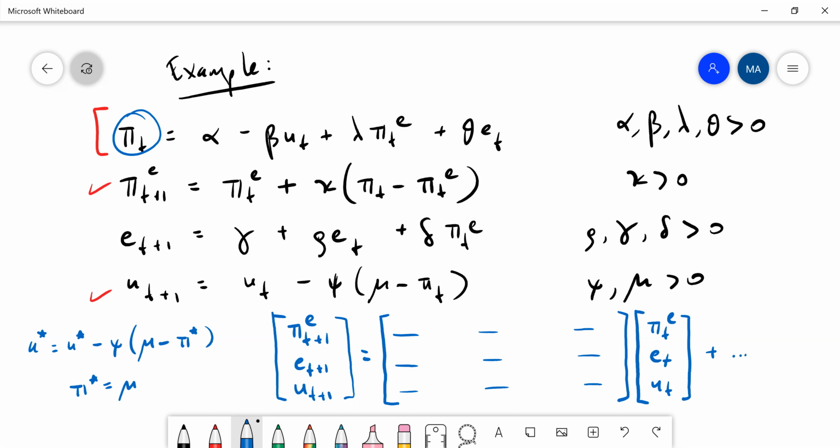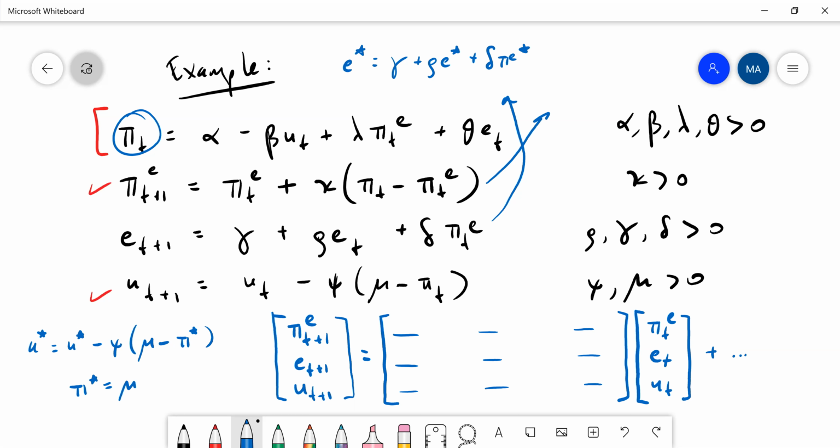Or if you look at this equation, you're going to realize E star is gamma plus rho E star plus delta pi E star. This is the steady state value of the inflation expectations, the expected inflation rate.